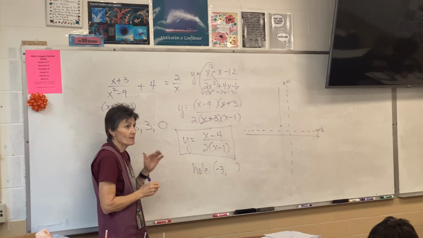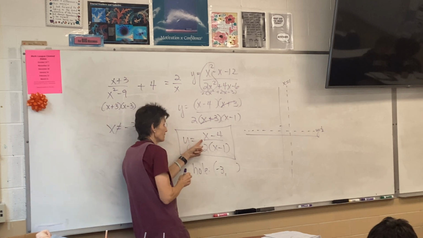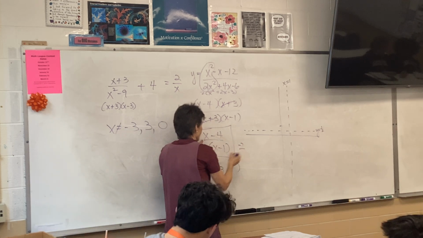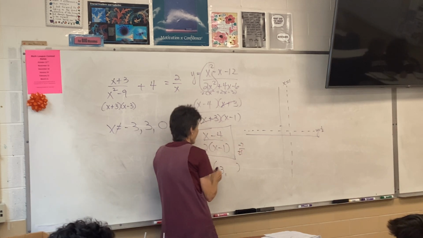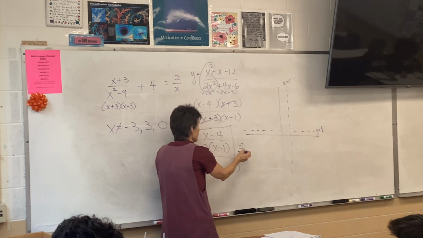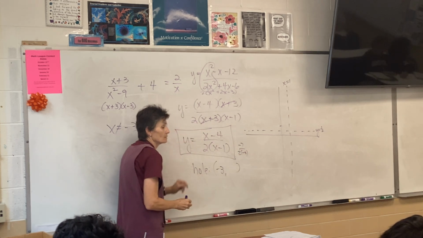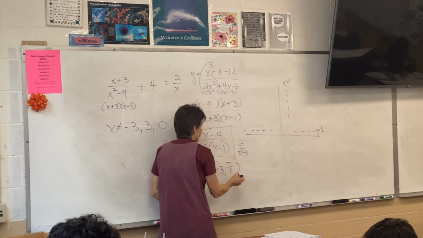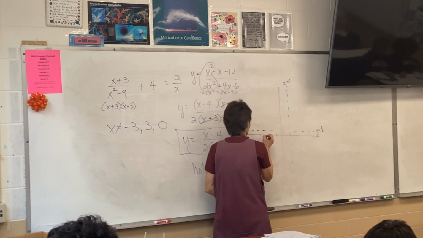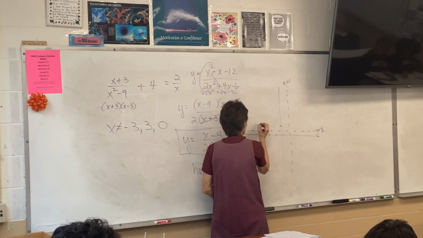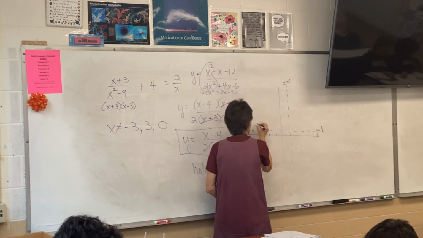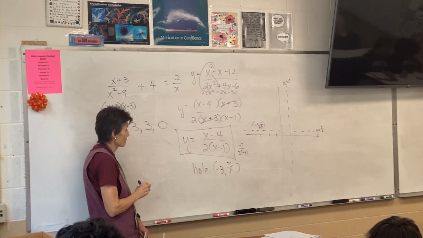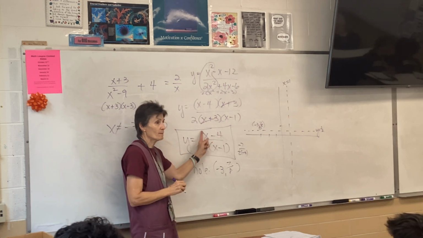And then we'll plug it in right here. So negative 3 minus 4 over 2 times negative 3 minus 1. So 7/8. So negative 3, 7/8. What does that tell me, my numerator?